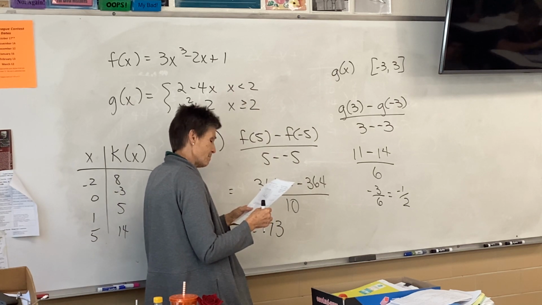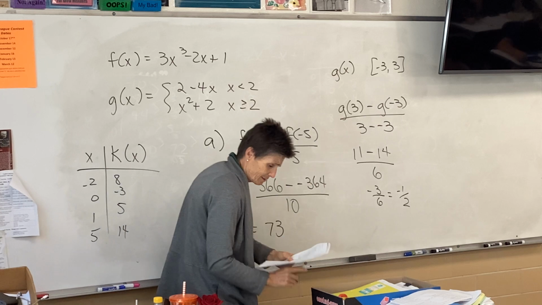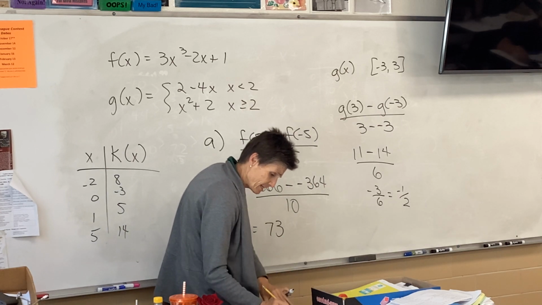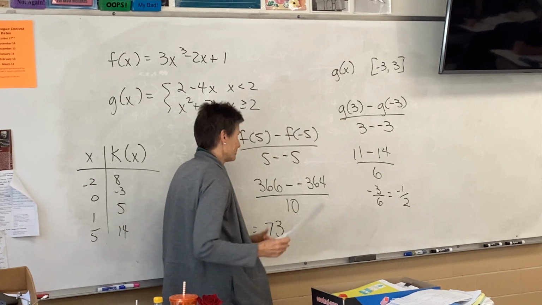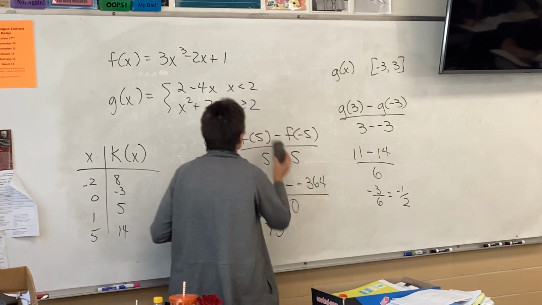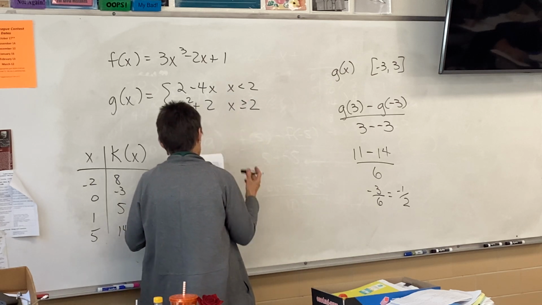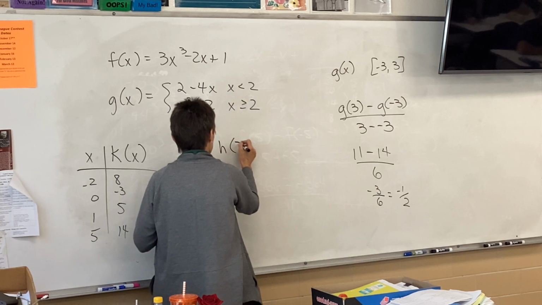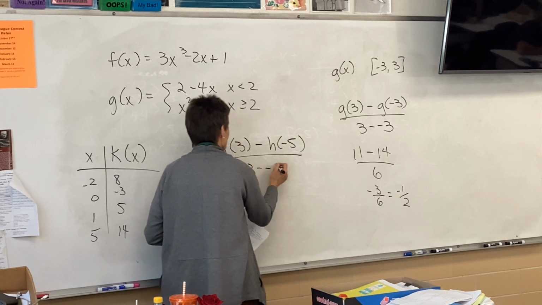Okay, C can't be. Look at that interval. What in the heck was I doing? Make that 5 negative. In letter C, the interval should be -5 to 3. So let's do h of 3 minus h of -5 over 3 minus -5.